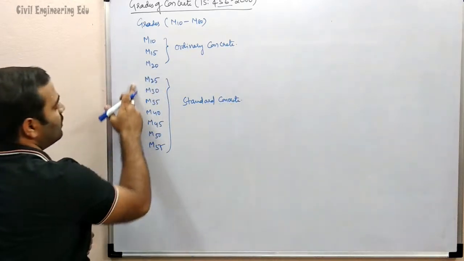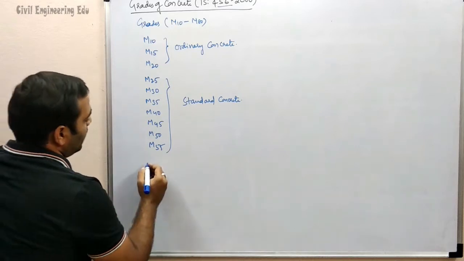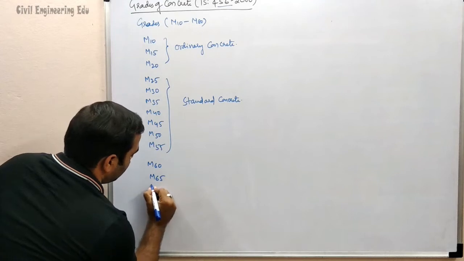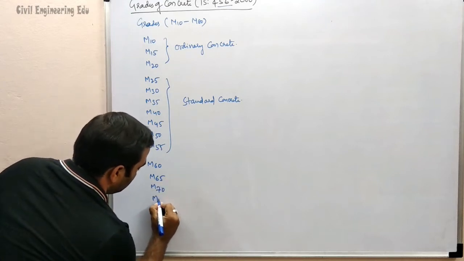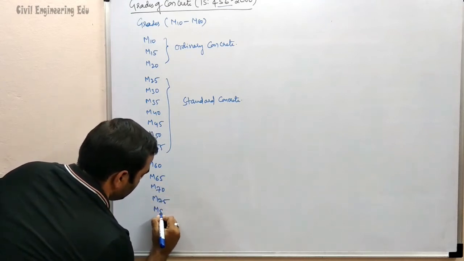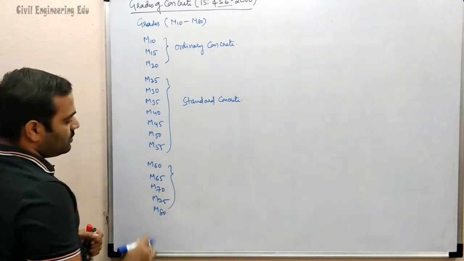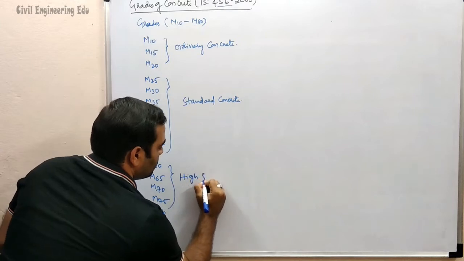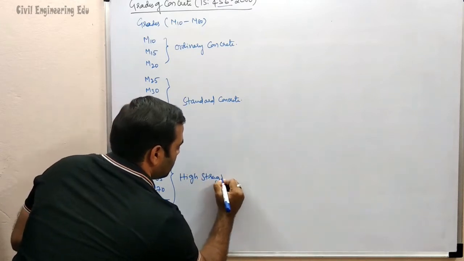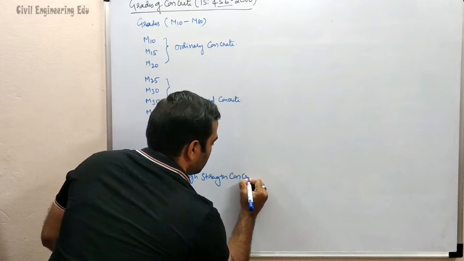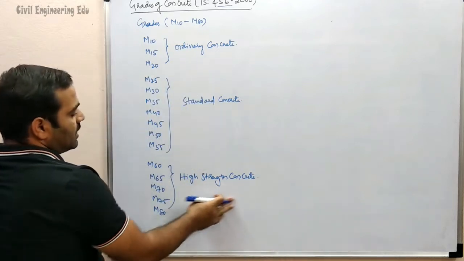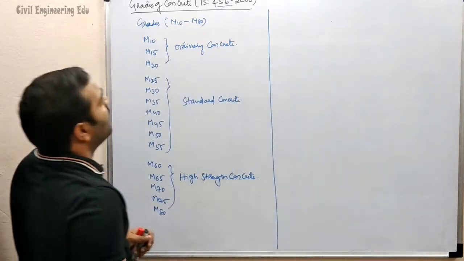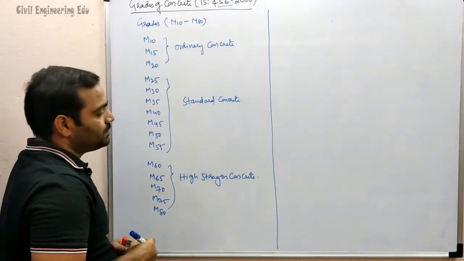And from M60, M65, M70, M75, M80, these grades of concretes are called high strength concrete. These are the grades based on IS 456-2000.